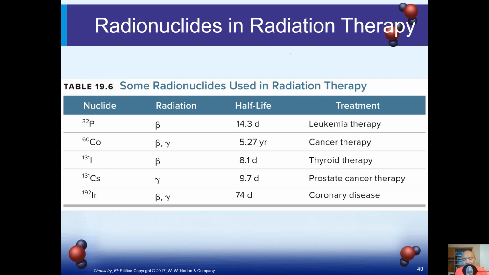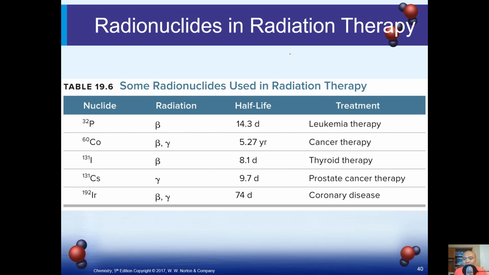Radioactivity can be used in radiotherapy, and this table summarizes some of the radionuclides used in therapeutic applications. Because ionizing radiation causes most damage to cells that grow and divide rapidly, it's a powerful tool in the fight against cancer. Radiation therapy consists of exposing cancerous tissues to gamma radiation. Sometimes the radiation source is external to the patient, but it can be surgically implanted into a cancerous tumor.